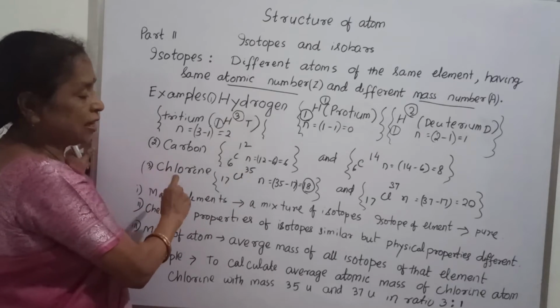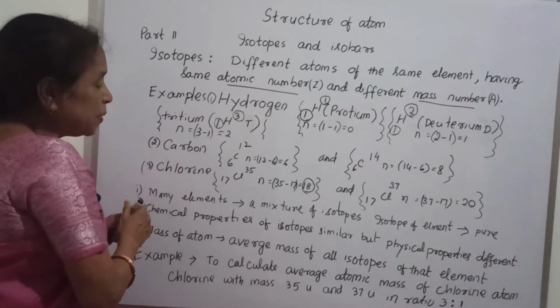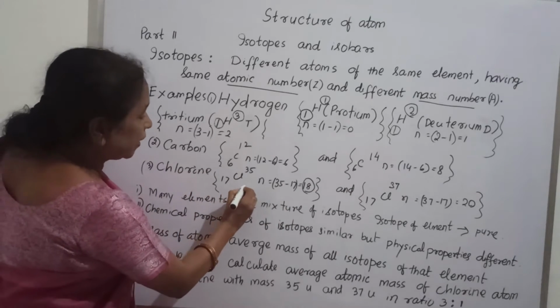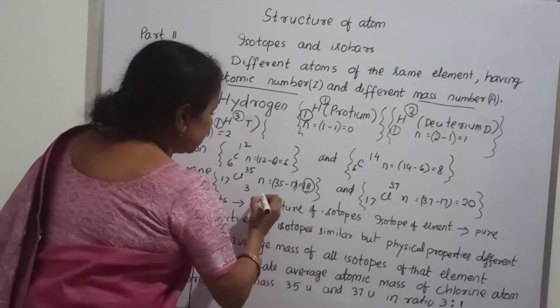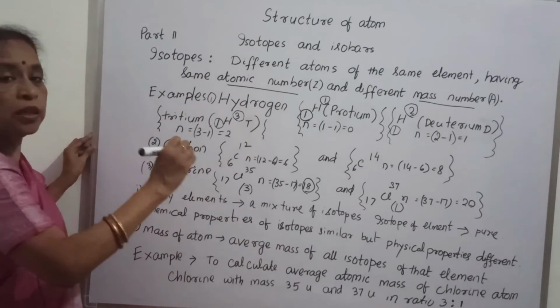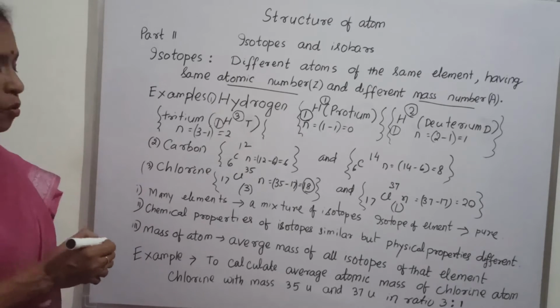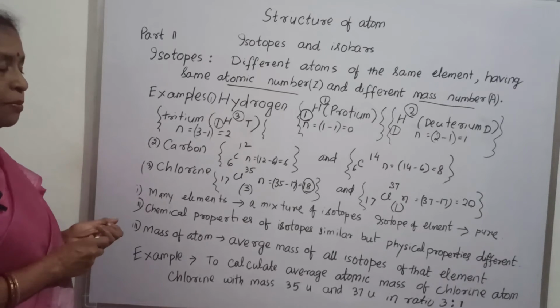And the ratio is 3:1. This means in nature you will find 3 parts of this and 1 part of that. So the ratio is 3:1.